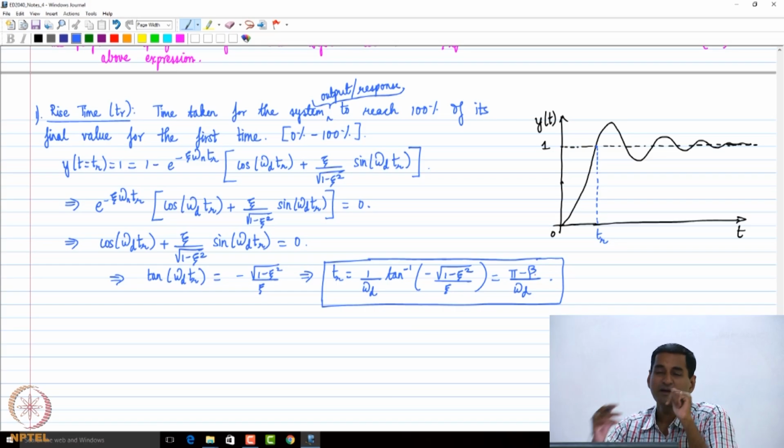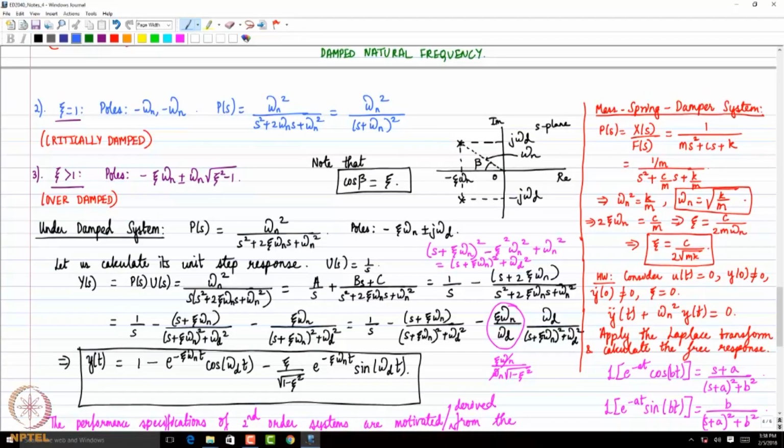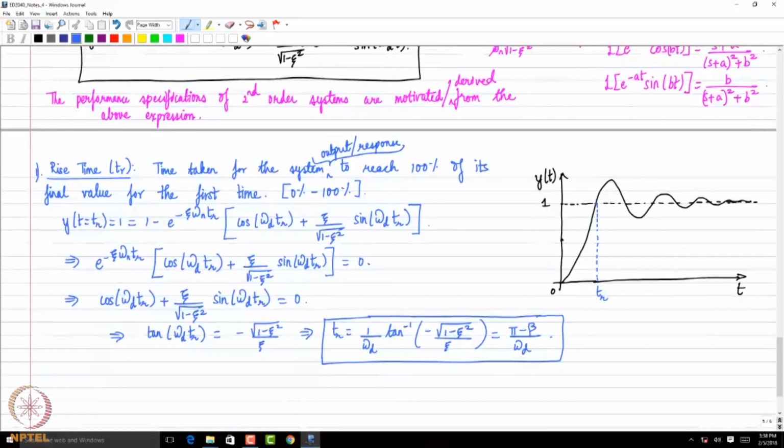How do you think we got pi minus beta? What was cos beta? It was zeta. What is tan beta? Please look at the graph. So beta was this angle, right? Tan beta is opposite by adjacent. Opposite was omega d, adjacent was zeta omega n. So what is tan beta?